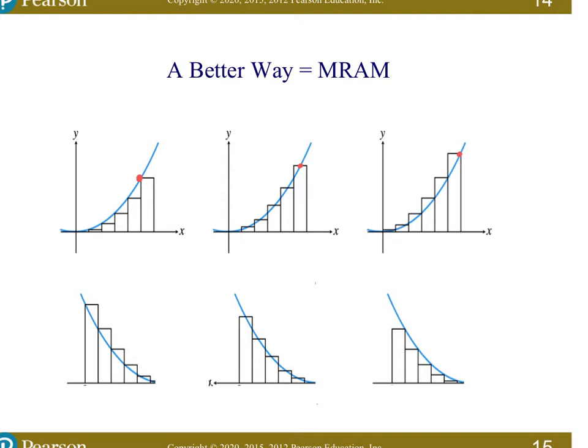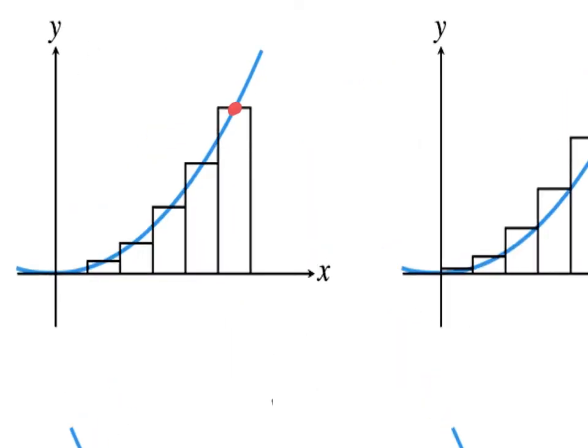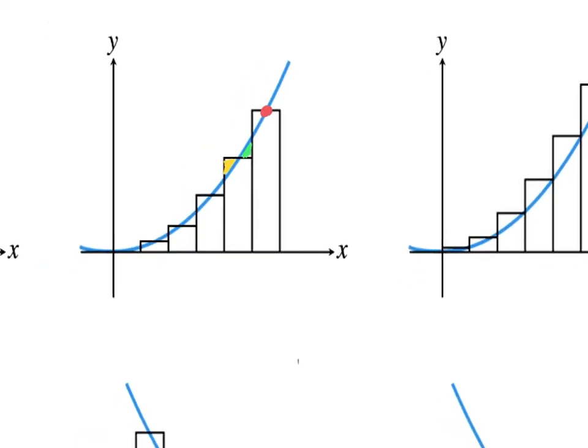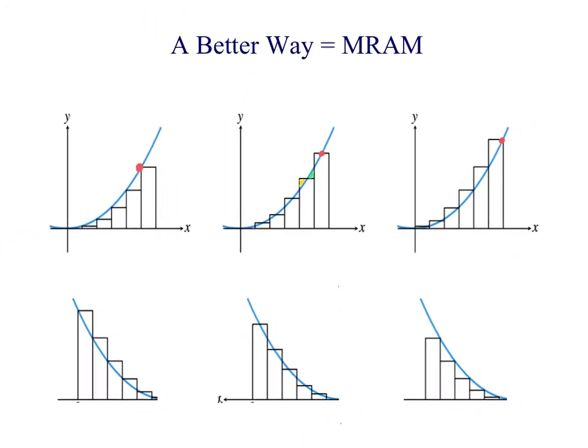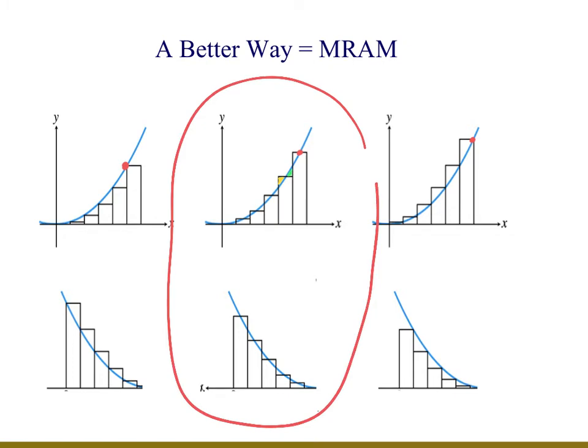And so that would be a partially underestimate but partially overestimate. Let's zoom in. If you can see here, it's overestimating that area but underestimating that area, and those two areas cancel each other out and negate each other. So a better way is what's called an MRAM, a midpoint RAM. So we're going to talk about how to find that today as an improved method.